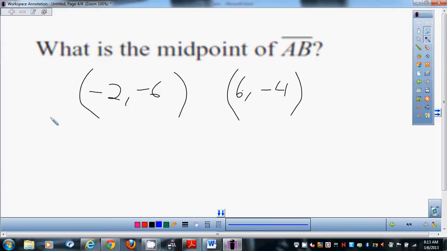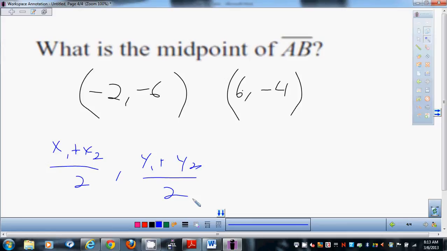Close. You guys are all telling me correct formulas, but they're not for this problem. That was slope. I'm not sure what that one was. There you go. Very good. Yes, ma'am. Oh. It's two coordinates.